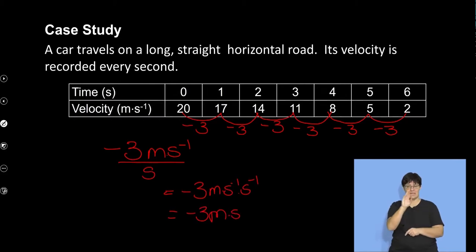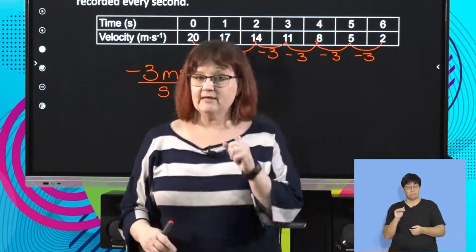But now we say, I'm getting a negative value here. How do we describe this? So I'm going to tell you that the car is accelerating. And right now you're all screaming at the screen going, no, it's not, Tracy, it's decelerating. Yes, in English, we would say decelerating. Not in science, okay?